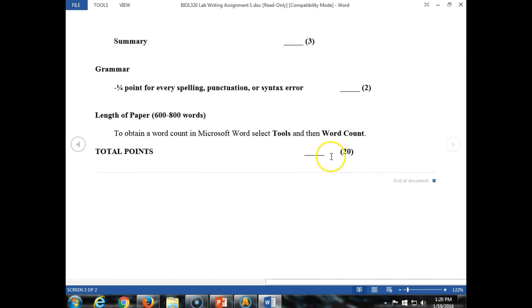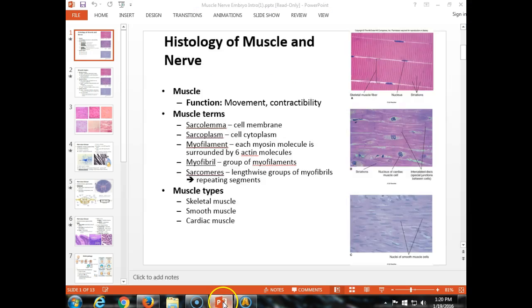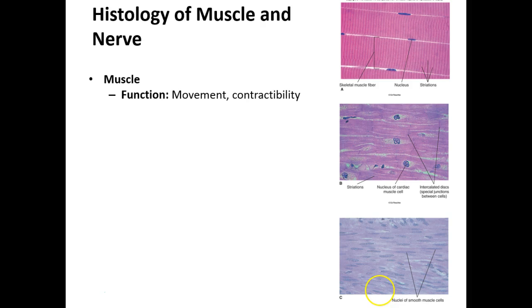It says 600 to 800 words here. It varies. If you write something that's 500 words and just absolutely fantastic, that's great. This is just a suggestion. Let's move on to the topic of today's lab, unless there are any questions so far.